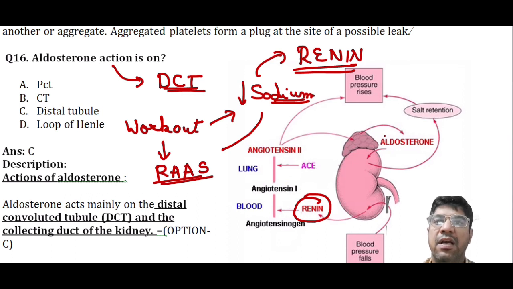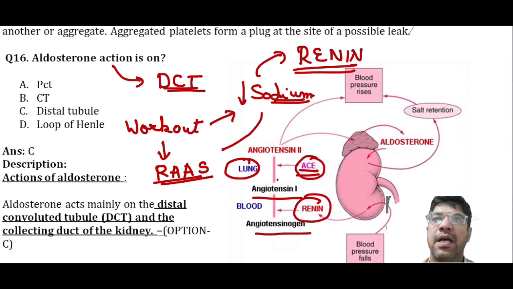Renin will convert angiotensinogen, which is produced by the liver, into angiotensin 1. The angiotensin converting enzyme, primarily found in the lungs, will convert angiotensin 1 into angiotensin 2.